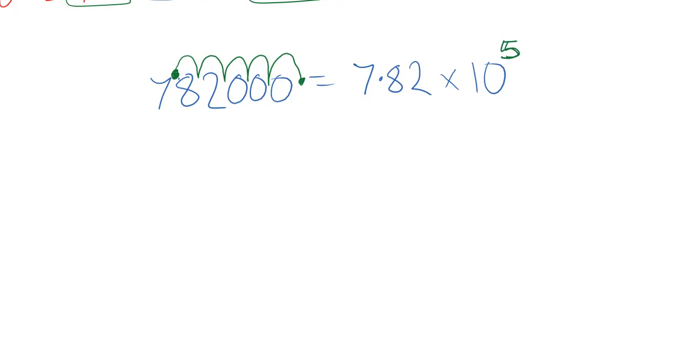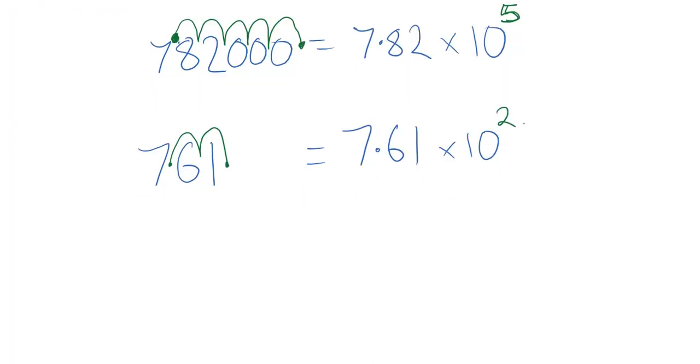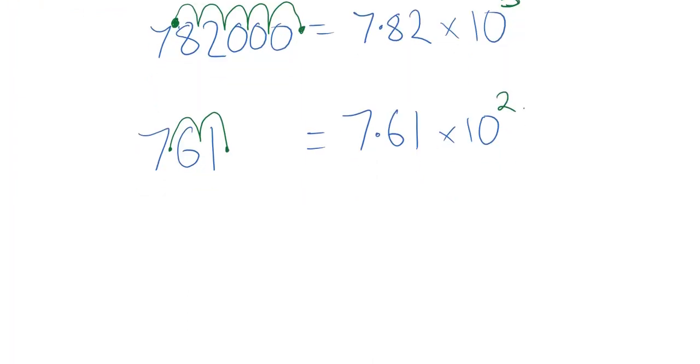Let's look at another one. So let's try 761. Okay, so 761, this is 7.61 times 10 to the something, and we're going to count. So we've just put the decimal place between the 7 and the 6, so 1, 2. This is going to be 7.61 times 10 squared. Okay, let's try one more of these.